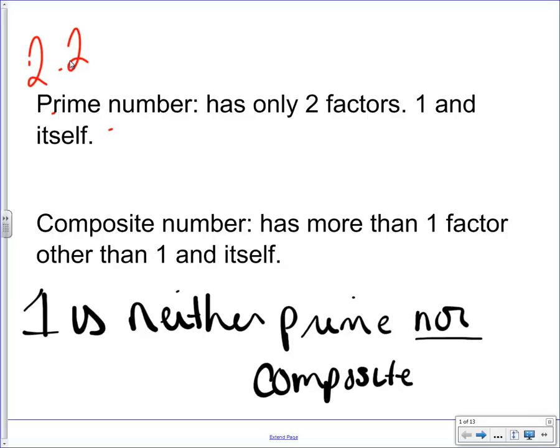A prime number has two factors, but 1 times 1 is the same number twice, so technically it doesn't have two factors, and that's why the number 1 cannot be prime. It's also not composite because it doesn't have more than one factor at all. Okay, so those are our three definitions that we need to hang on to for this lesson.